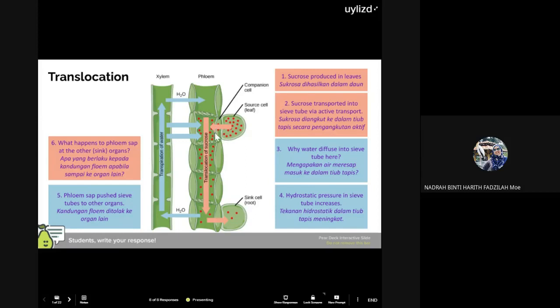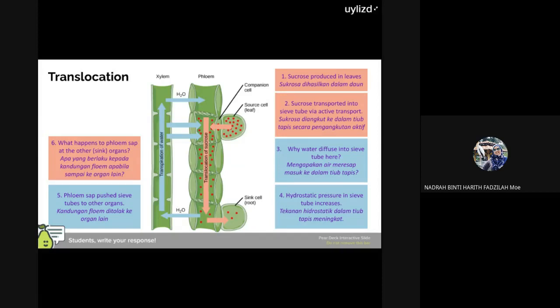Apa yang jadi kepada phloem sap when it arrives at the sink organ? Sink organ is, for example, root, sebab root ada banyak parenchyma untuk storage of sucrose, ataupun fruit, sebab fruit is a growing organ, so it will receive a lot of sucrose, atau it will receive a lot of photosynthetic product.